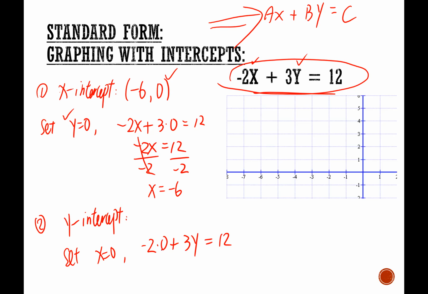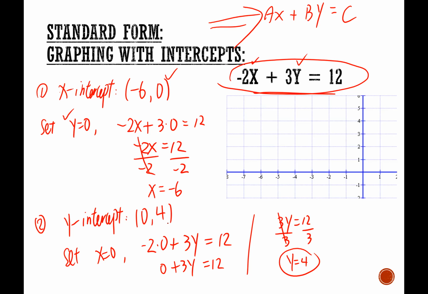Negative 2 times 0 is 0, and 0 plus 3Y equals 12, so 3y equals 12. Then we divide both sides of the equation by 3 to get the y value, so y equals 4. The Y-intercept as an ordered pair will be 0, 4.